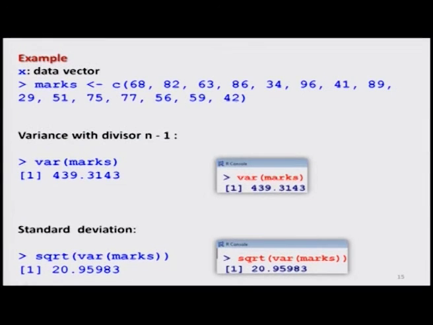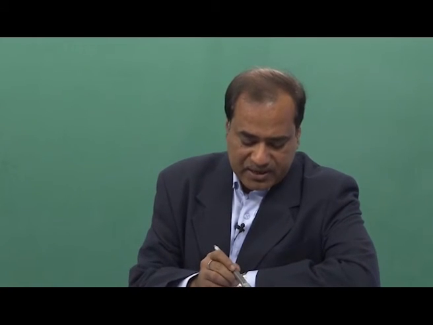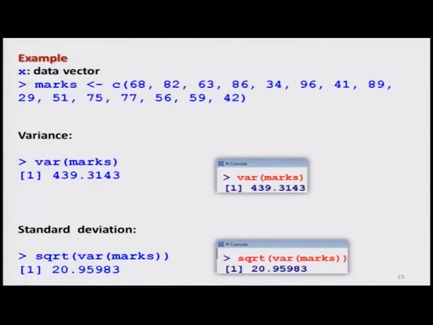Okay. So, now we consider an example. This is the same data set which we used in the earlier example, where I had collected the observations on marks of 15 students, and they are combined inside a vector marks. So, I try to apply all these functions that we have discussed on this data set marks.